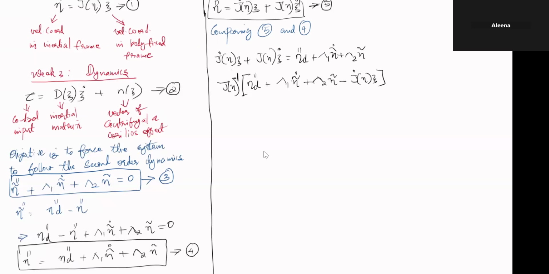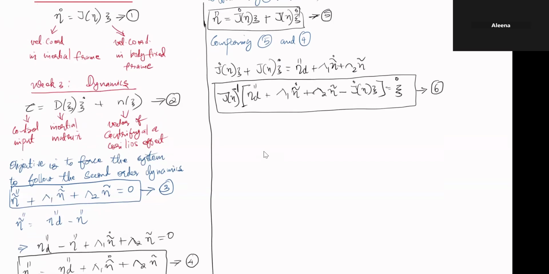This is nothing but zeta dot. I'll label this as equation 6.